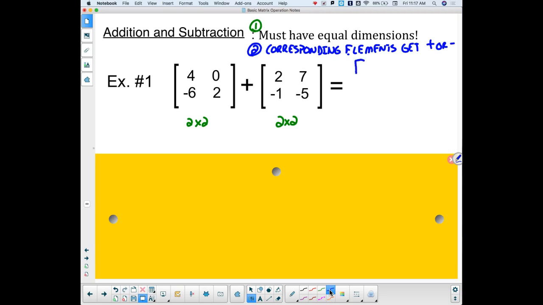So in this particular case, I would have 4 plus 2 as my first element. I would have 0 plus 7 as my second element. I'd have negative 6 plus negative 1 as my third element, and I'd have 2 plus negative 5 as my fourth element.